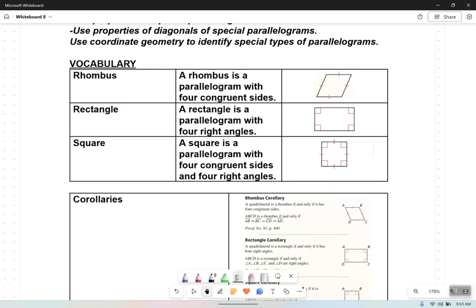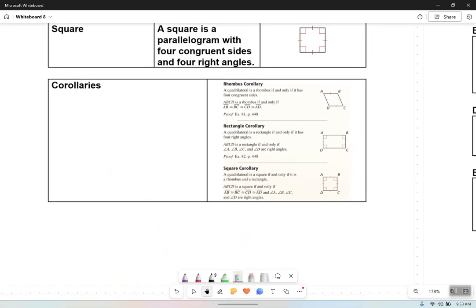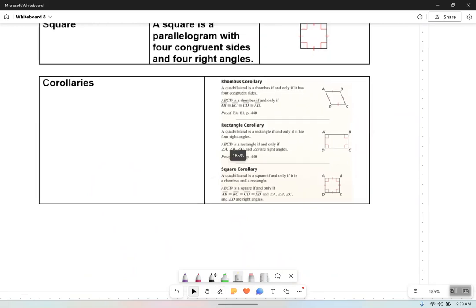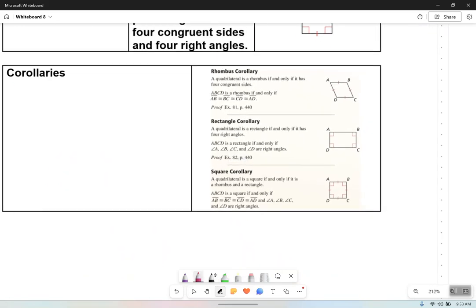So, guys, let's look at what we call corollaries right here. There's three rules right here today that we're going to talk about, okay? Corollaries simply mean that these are kind of some rules. That first corollary is called the rhombus corollary.